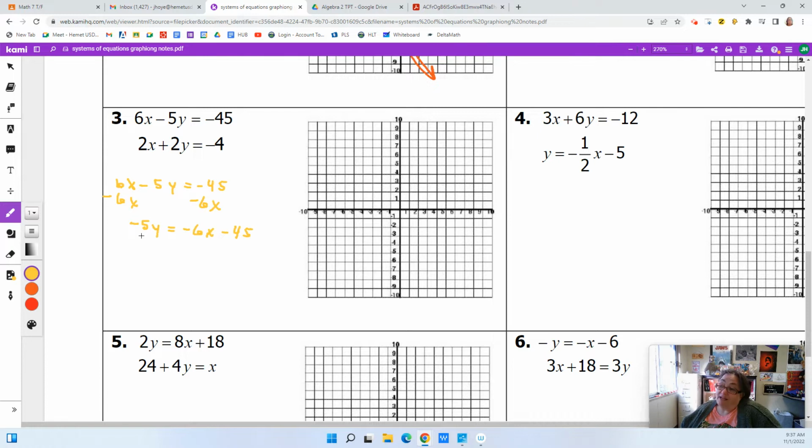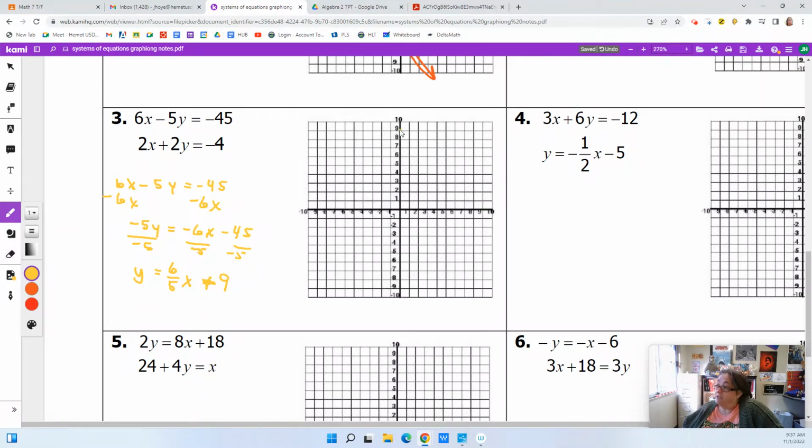And then I have to divide this -5 out of each piece, right? So this becomes y equals 6/5, because negative over negative is a positive. 45 divided by 5 is, oops, sorry, plus 9. So when we go to graph this line, now we're in slope-intercept form.